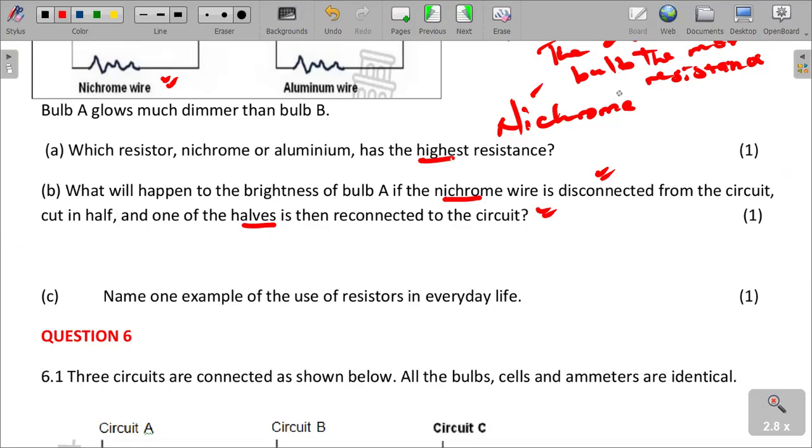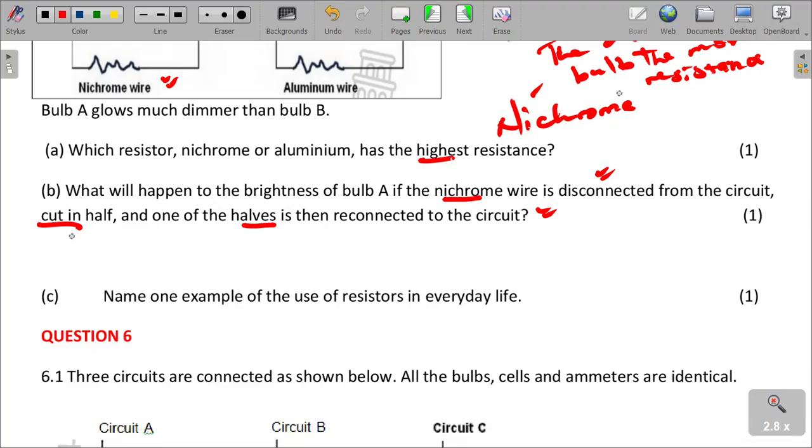In other words, this is just an explanation of what we just explained, that the nichrome is disconnected and cut in half.